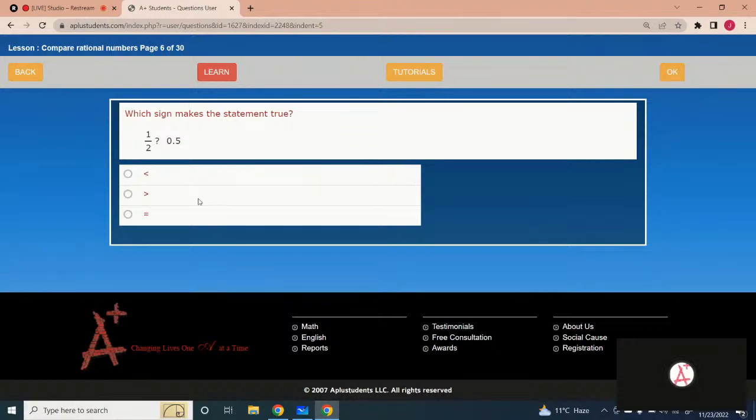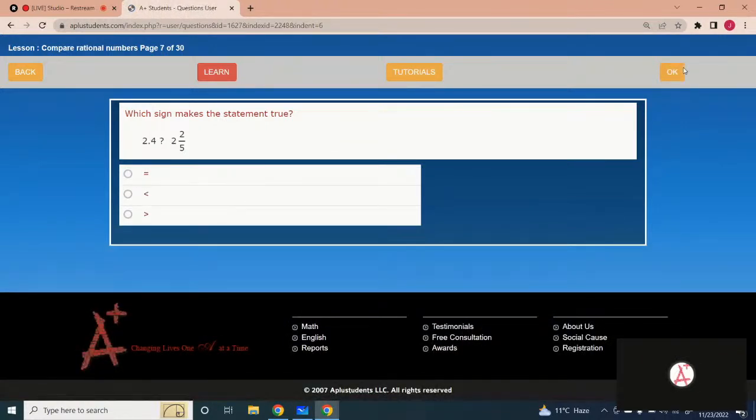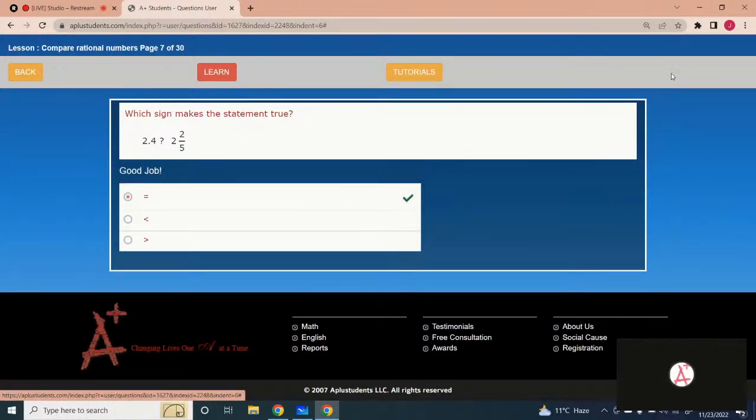Very good. They are equal. Just select the correct option, then click on the OK button. Okay, the next one is 2.4 and 2 whole 2 by 5. They are exactly equal. Got it? So just select the correct option, then click on the OK button.